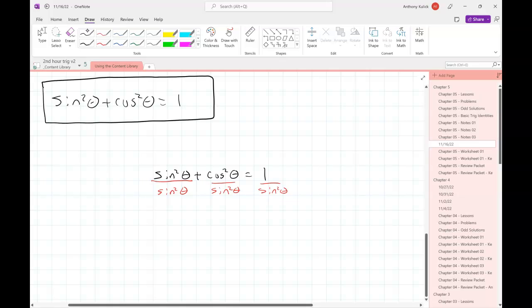What's sine squared theta divided by sine squared theta got to be? Sine squared divided by sine squared? What's that? 1. What's cosine squared theta divided by sine squared theta have to be?